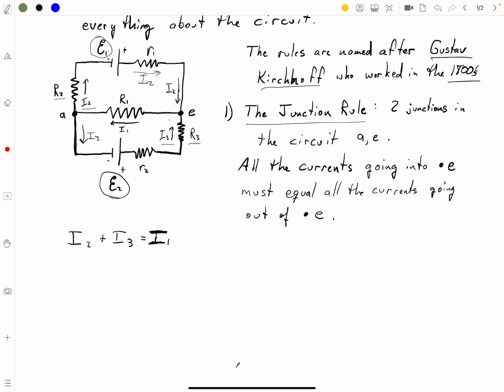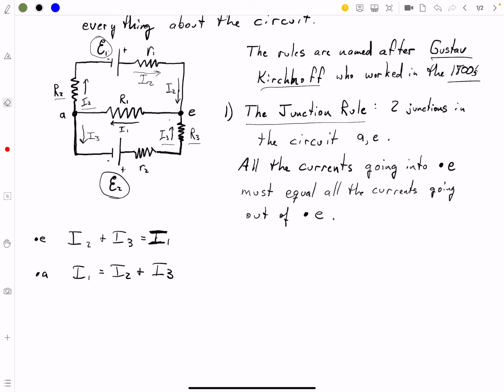Great. Let's do the same thing for point A. So that was point E. Point A gives us I1 equals I2 plus I3. So what do you know? We have the same equation, and we didn't learn anything by looking at the two junctions.